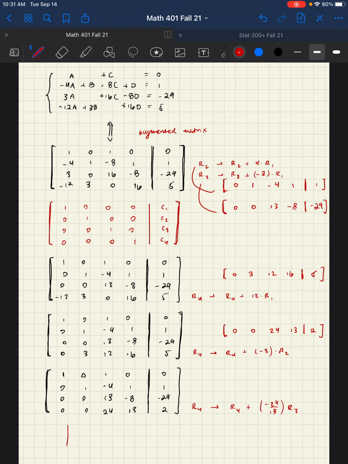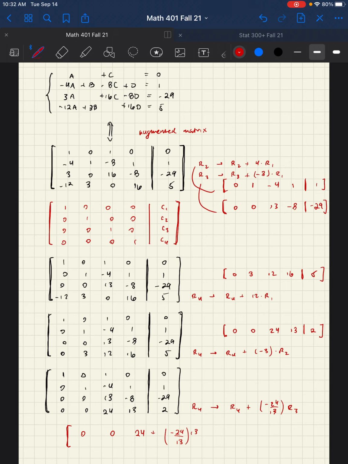So that row becomes, I'm going to do this in more than one step because it's a lot of work. So that last row: any row that has zeros, you're not going to change much. So 0, 0. Now 24, we're adding negative 24 over 13 times 13. So that's the third spot.